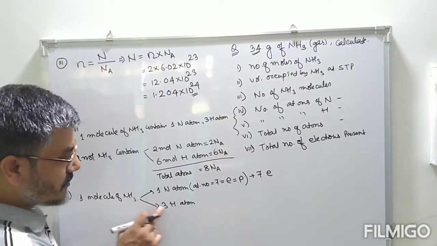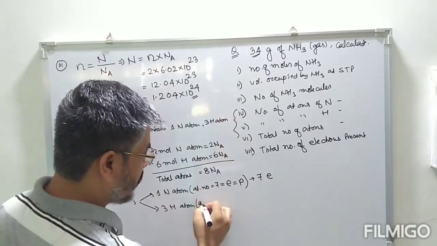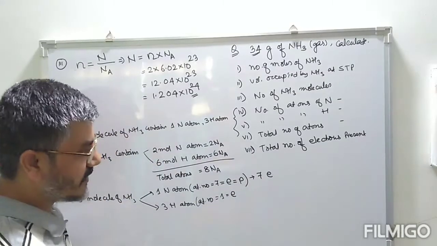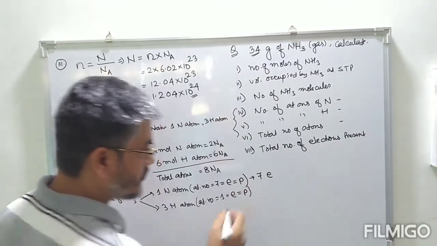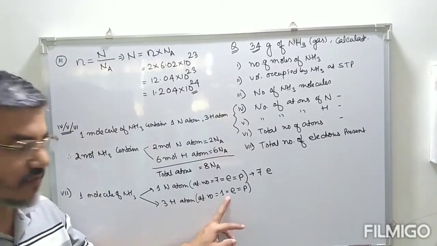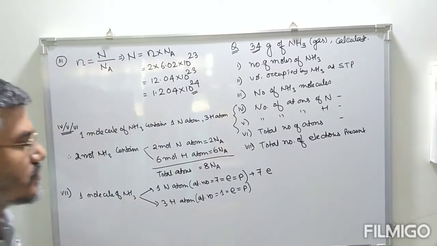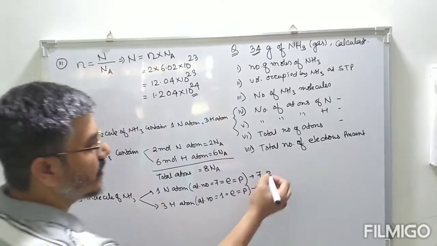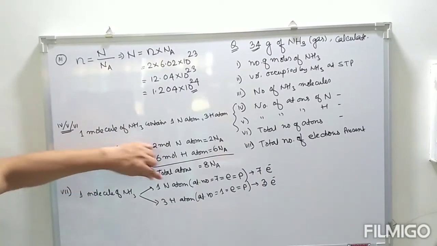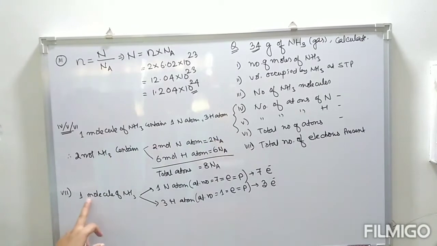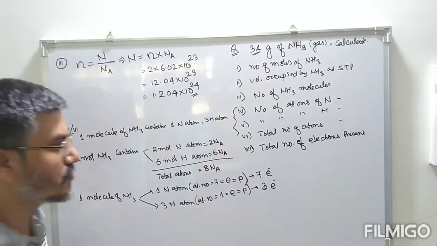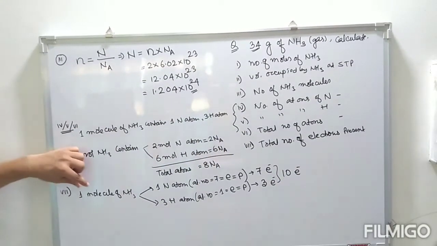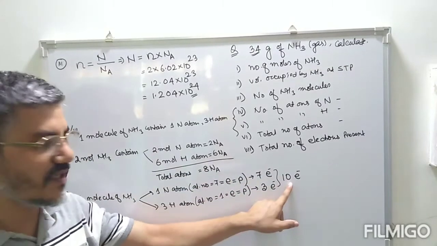One molecule of ammonia also contains 3 hydrogen atoms. Atomic number of hydrogen is 1. So number of electrons present in hydrogen is 1. Number of protons is also 1. So 1 hydrogen, 1 electron. But we have 3 hydrogen in 1 molecule. So number of electrons in 3 hydrogen is 3. So 1 molecule, 1 nitrogen, 7 electrons. 1 molecule, 3 hydrogen, 3 electrons. So total electrons is 10. So one molecule of ammonia contains 10 electrons.